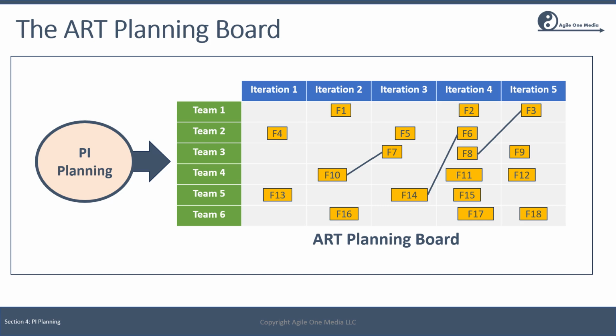So the ART planning board is an important PI planning output artifact, which confirms that dependencies between teams have been accounted for in the overall plan. And this board can then also be used during execution for things like ART syncs and PI demos. For example, we might expect to see features 1, 10, and 16 demoed at the end of sprint 2.